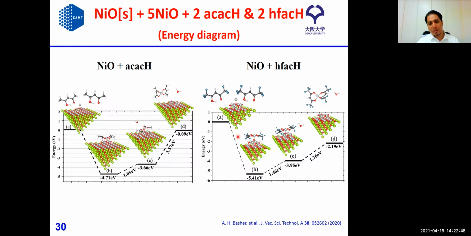Also, I would like to mention another thing here: the fluorine atoms are negatively charged. So they are going to repulse, even if this nickel complex is tilted to the surface, they are going to repulse with the oxygen atoms, which keeps this nickel complex stable on top of the surface.